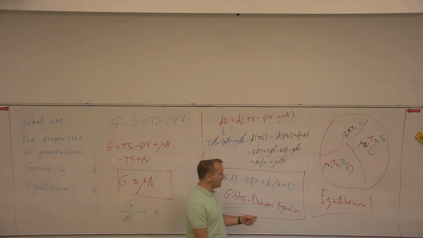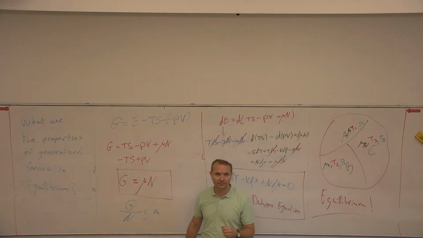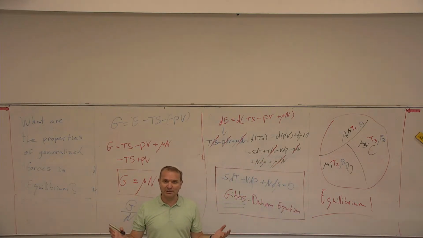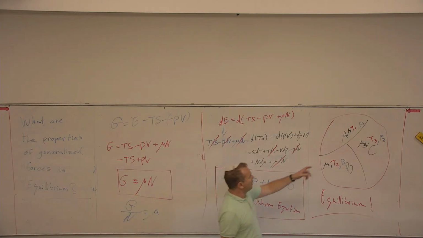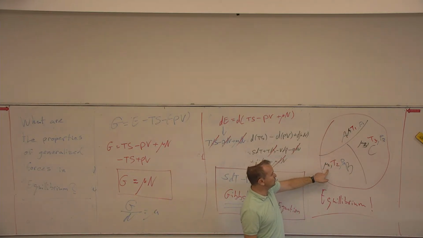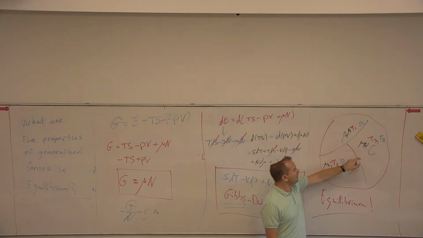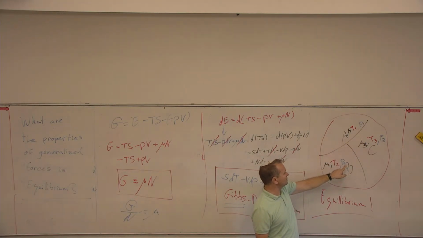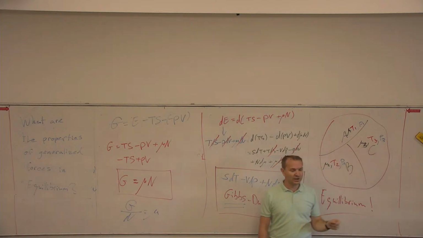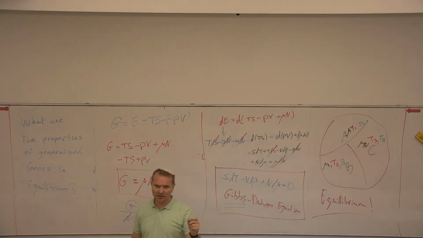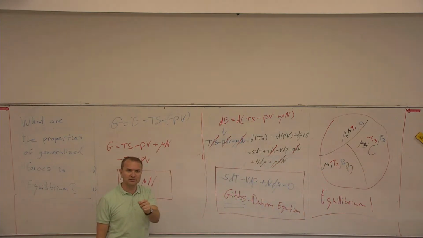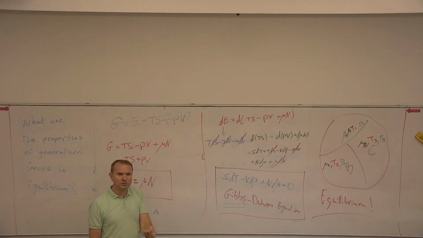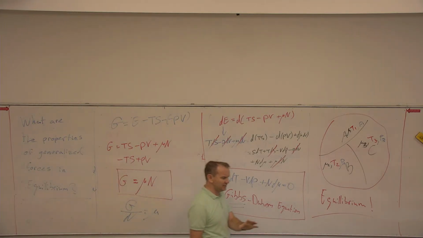The moment that I say equilibrium, it's the same as saying mu1 is exactly as mu2 and exactly as mu3, and P1 is exactly as P2 and exactly as P3. So any intensive variable or intensive force has to be the same across all the systems.